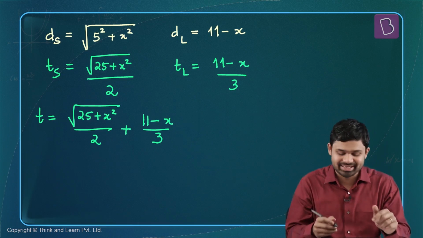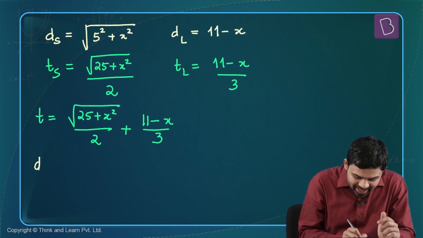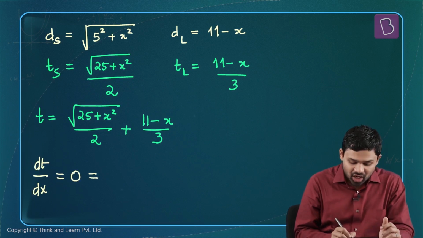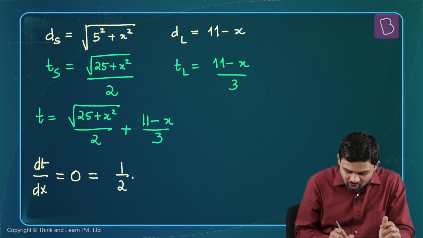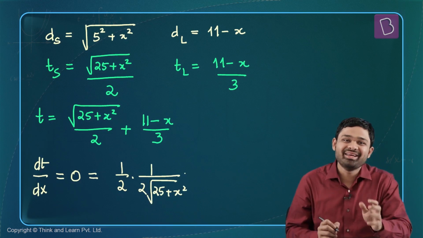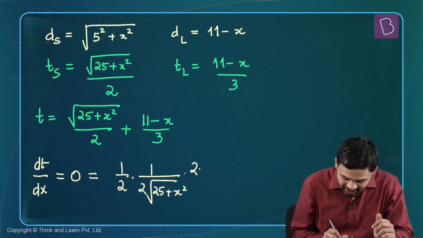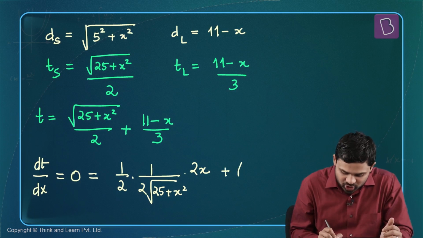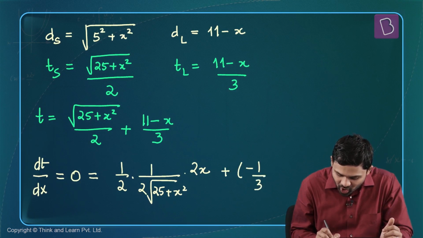Now we need to minimize this term, which means I will take the derivative of t with respect to x and equate it to 0, which gives me 1 by 2 times 1 by 2 times under root of 25 plus x square. Do not forget to remember the chain rule of differentiation. That gives me a 2x plus, of course, 11 is constant, so that gives me a minus 1 upon 3.